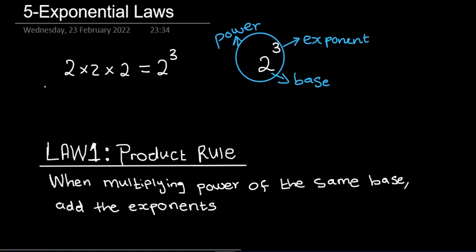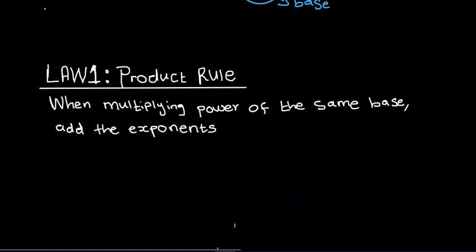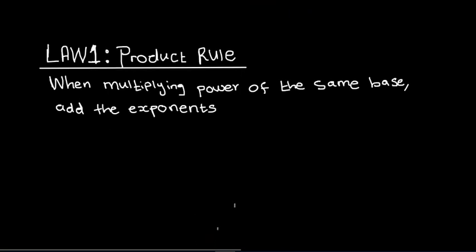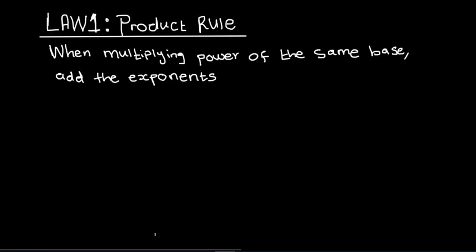All right, so let's get down to our first exponential law. Law number one is called the product rule, and what it states is that when multiplying powers of the same base, add the exponents.